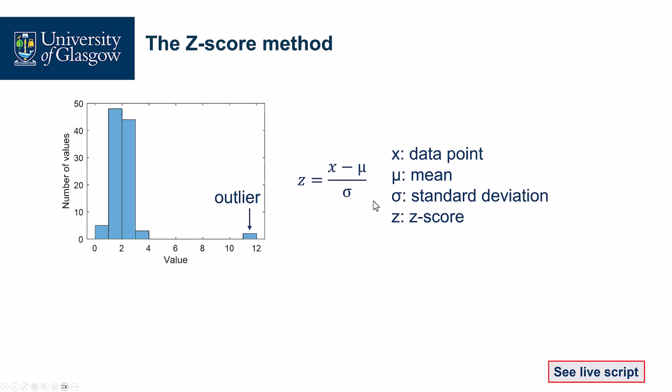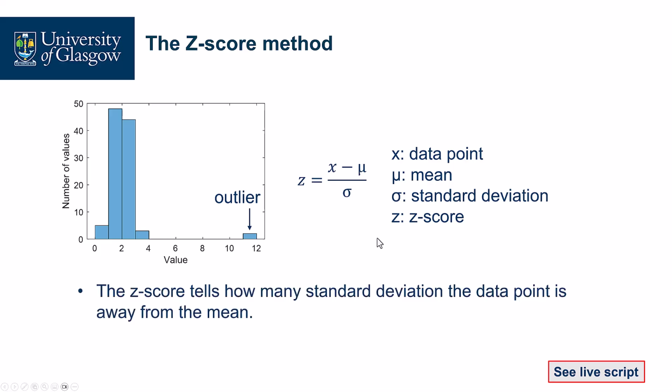We can apply the Z-score to every data point in this set. Then the question is, what is the Z-score telling us? The Z-score tells us how many sigma, how many standard deviations, the data point is away from the average, the mean.